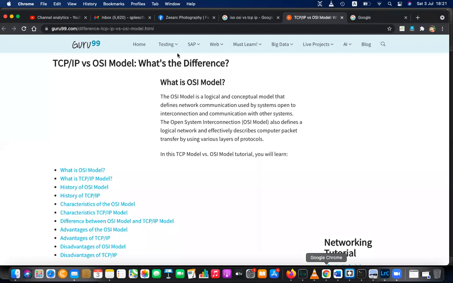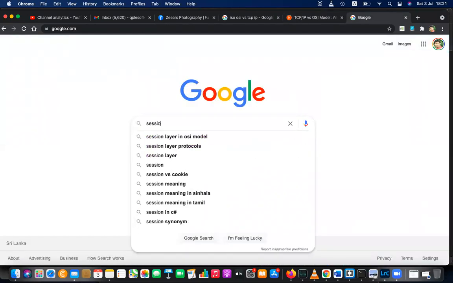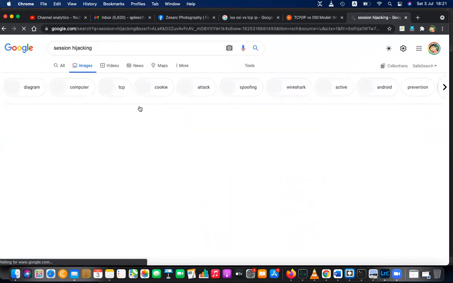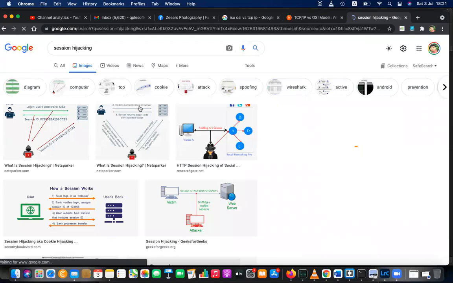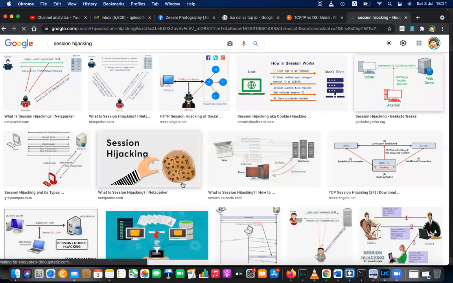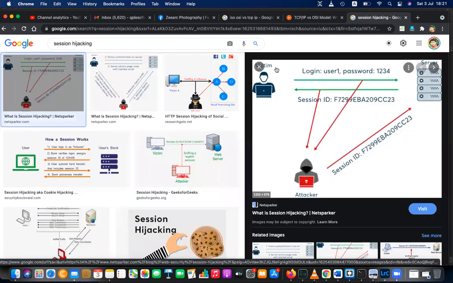Session hijacking means, when some user is authenticated, he is given a session. Here, you can see this victim. The victim logs in with the username and password, and after login he is given a session ID.